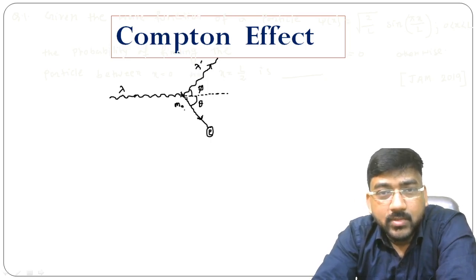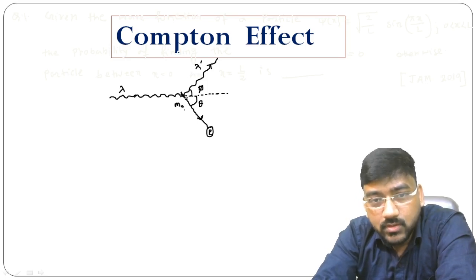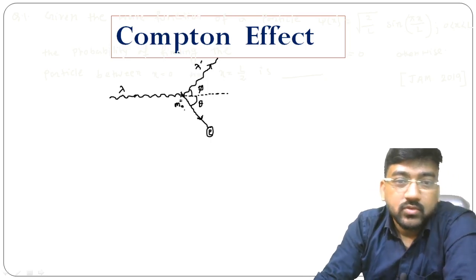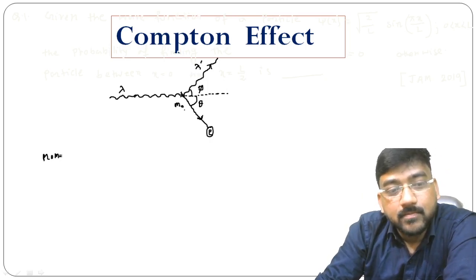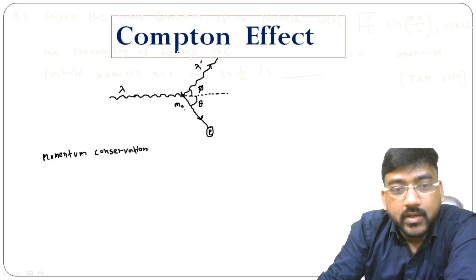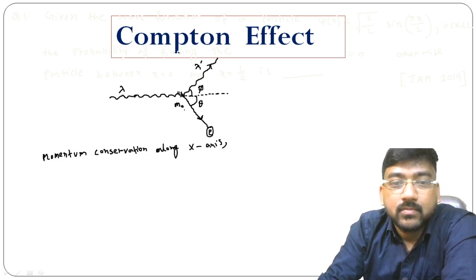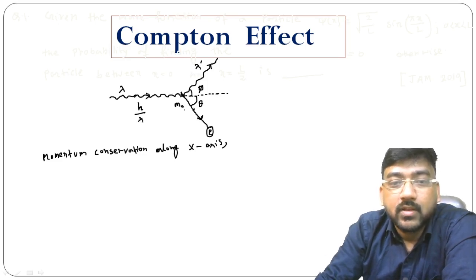So first let me derive the expression of this delta lambda in terms of the scattering angle phi and the rest mass of the electron m0. Let us first take the momentum conservation along the x-axis. The initial momentum along the x-axis is h by lambda.